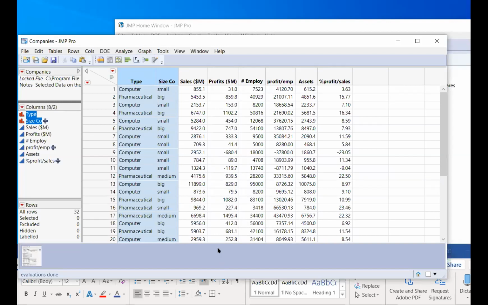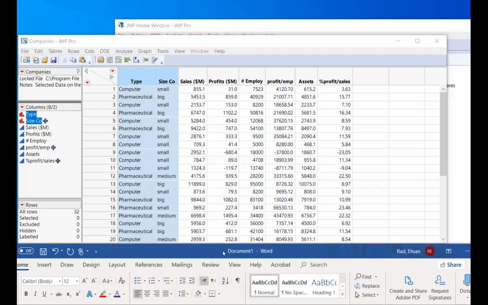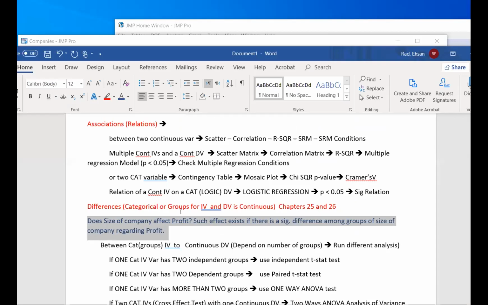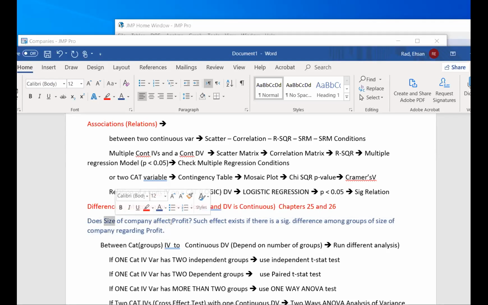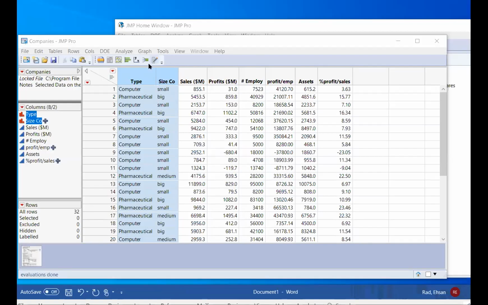Before I go forward, the point here was, do you recognize how many IVs and DVs we have? Look, IV is size, DV is profit. How many? One IV, one DV.